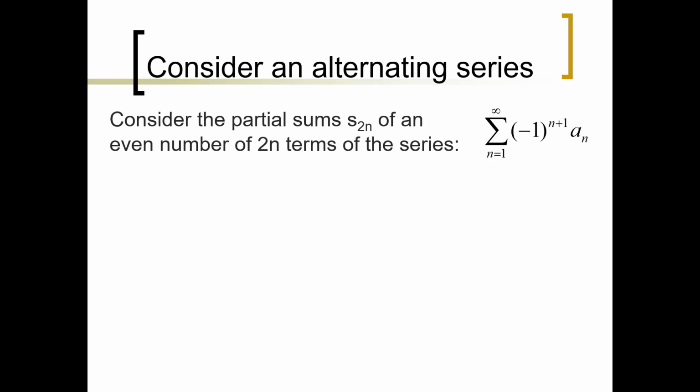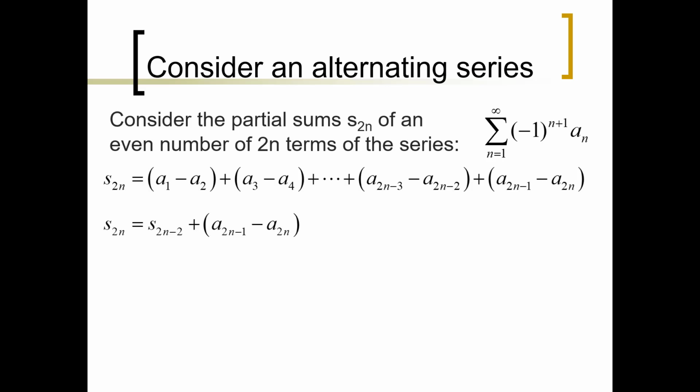I'm going to show you that it converges, and then come back and show that the sequence of partial sums converges. In general, you write that as S sub 2n, where n is some integer. So S sub 2n is the summation of a sub 1 up to a sub 2n, where you add, subtract, add, subtract, because of the particular summation I'm using, where we're starting with a positive value.